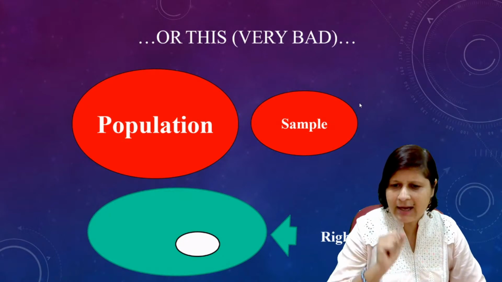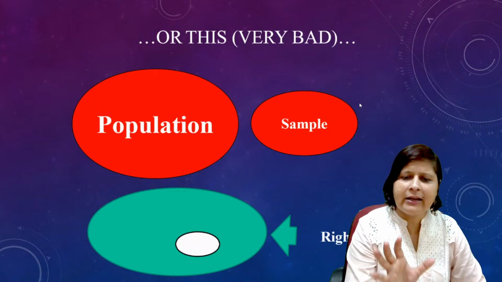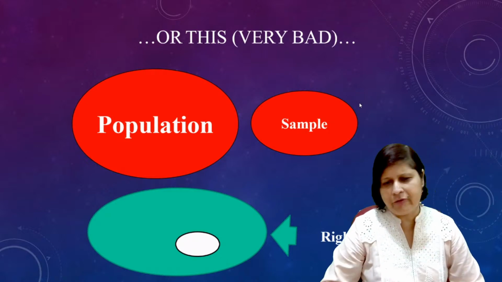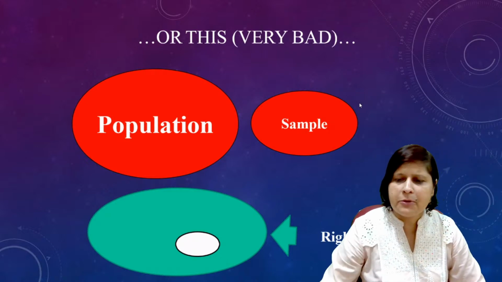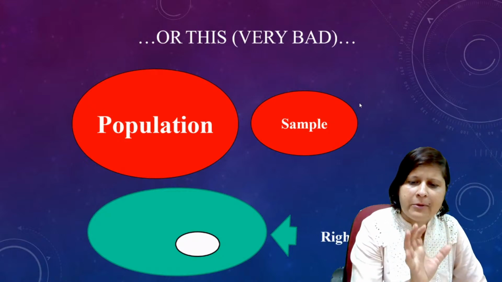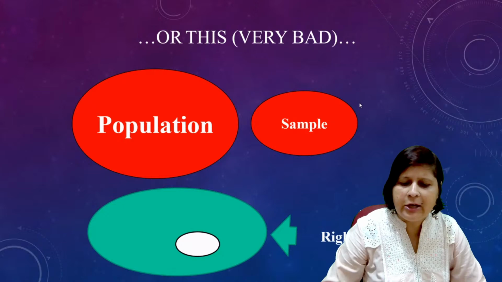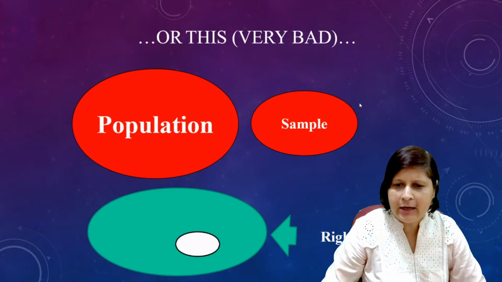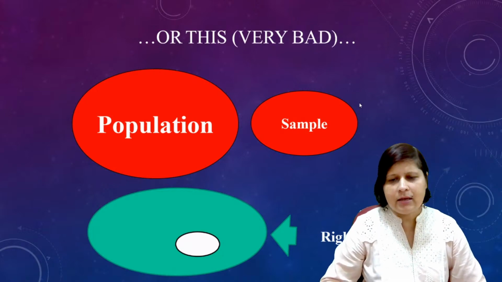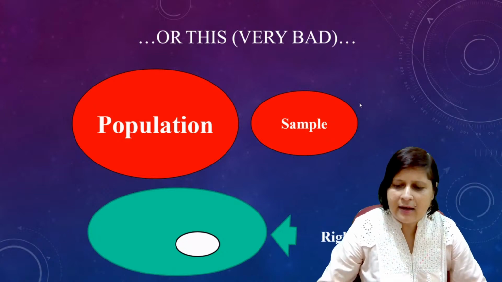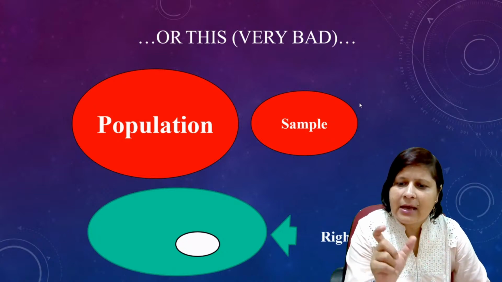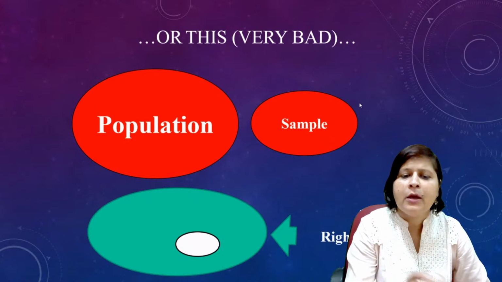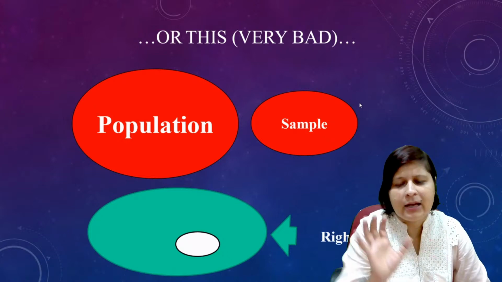Right? You should select the sample carefully. If you want to study the food habits of adolescents of a particular geographical area, that is, the children between the age group of 13 to 19, or shopping habits of teenagers from 13 to 19 of a particular geographical area, say of Delhi or Delhi NCR, then you should take a sample of the age group between 13 to 19, and they should reside in Delhi or NCR.